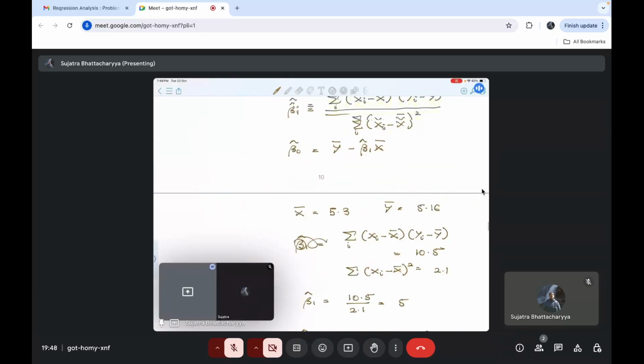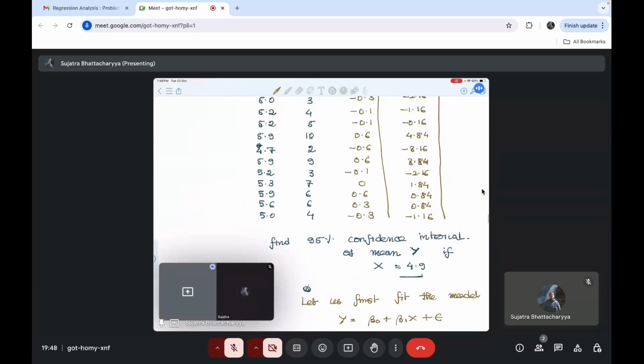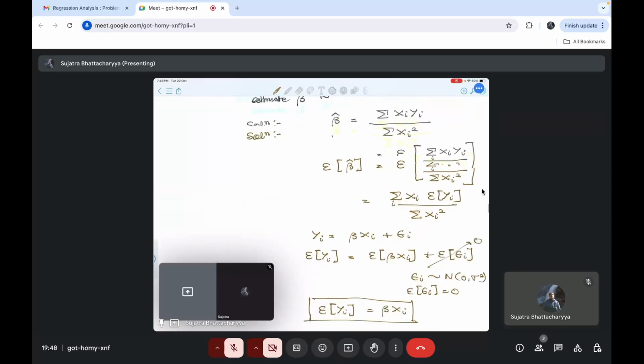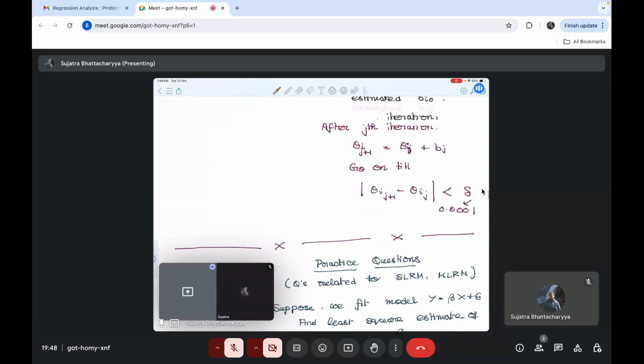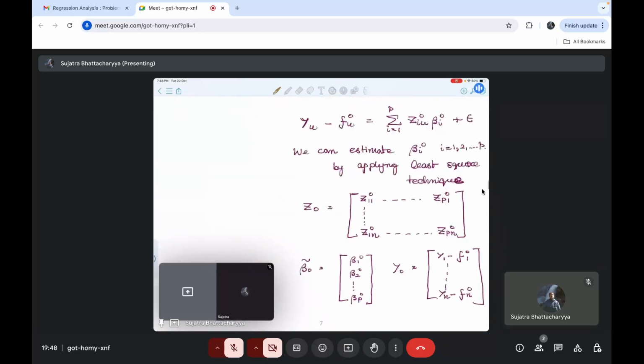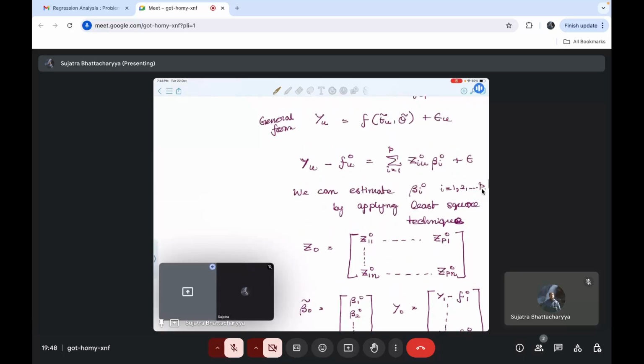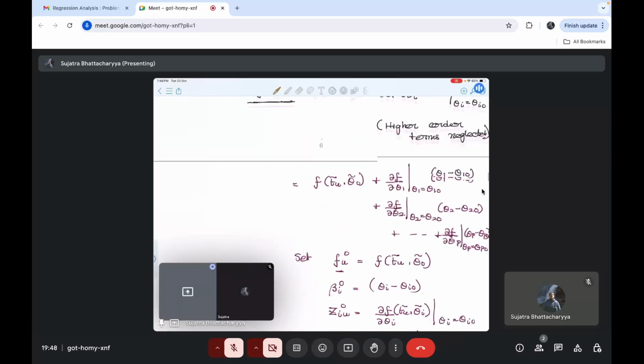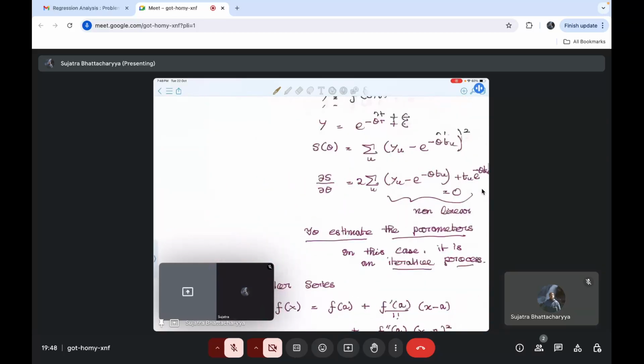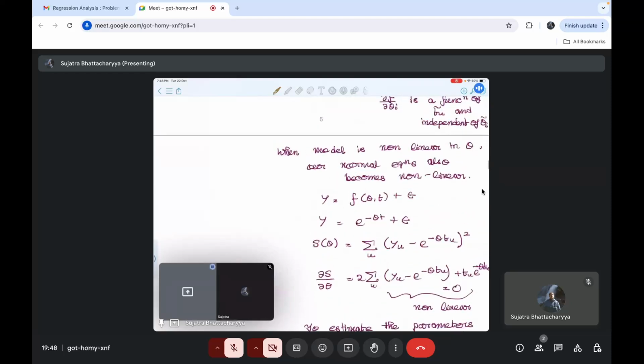Okay, so today we have solved these two questions, which are basic and important. And also I tried to give you a brief introduction about the nonlinear estimation model, how to estimate the parameters using iterative processes.